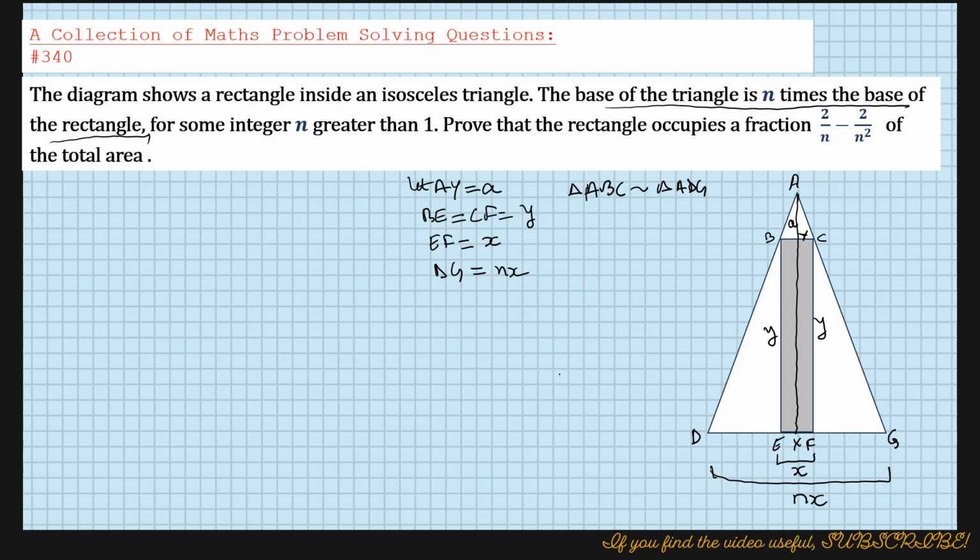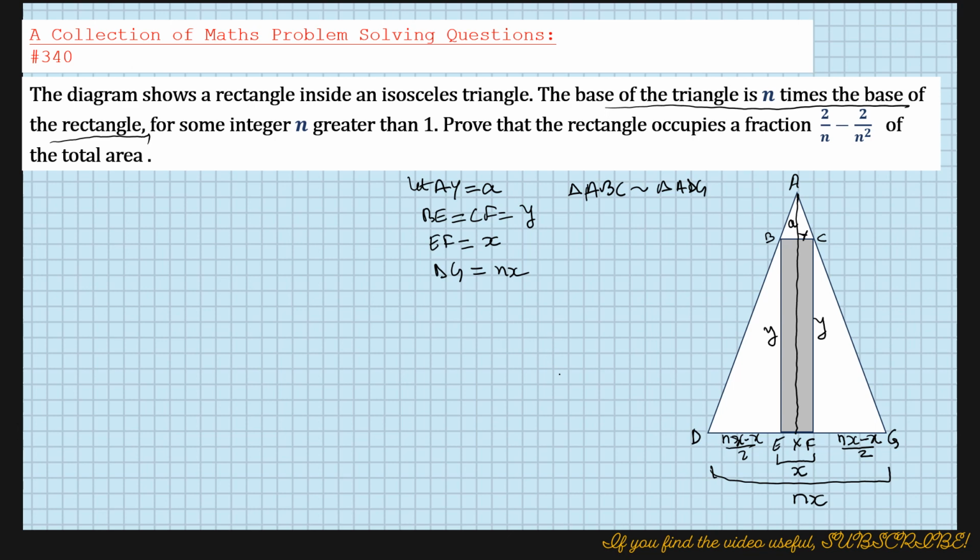And that would mean that FG is (nx minus x) out of 2, and DE is also (nx minus x) out of 2, which can be written as n times (x minus 1) out of 2. Anyway, we'll do that later.